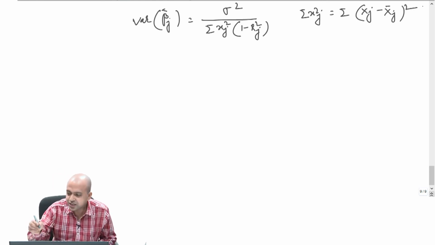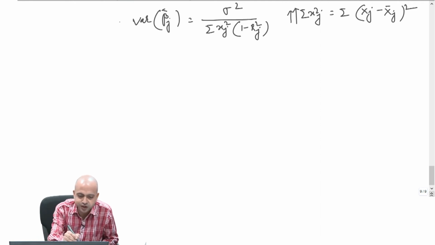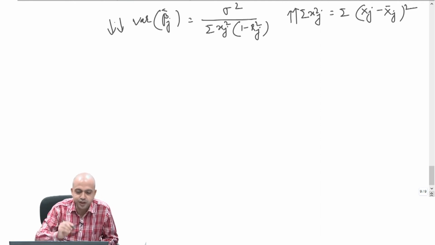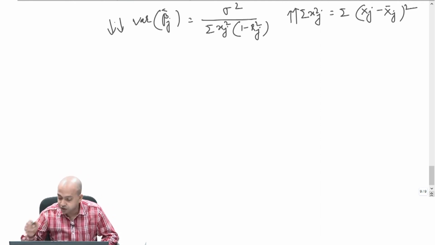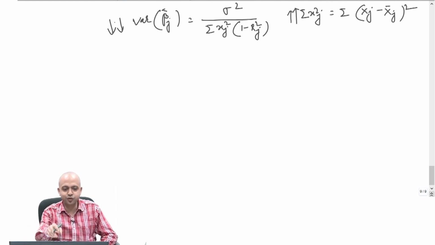So, if you increase the sample size, obviously this will also increase. That is why when this increases, the variance of beta hat j will come down. So, increasing the sample size will solve two problems. You will have individuals with higher income, lower wealth, and lower income, high wealth. At the same time, you are reducing the severity of the multicollinearity problem as well.